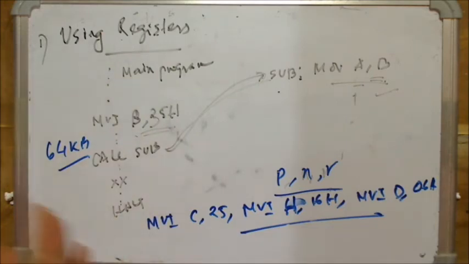So to pass the parameters, we are using the memory. To overcome this drawback, so that you can pass multiple parameters, we are using memory.